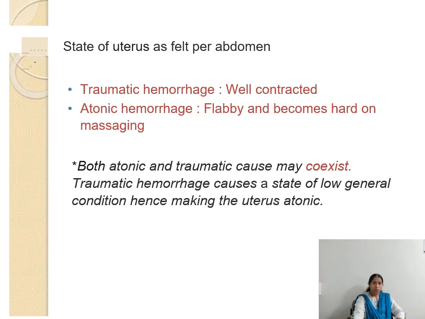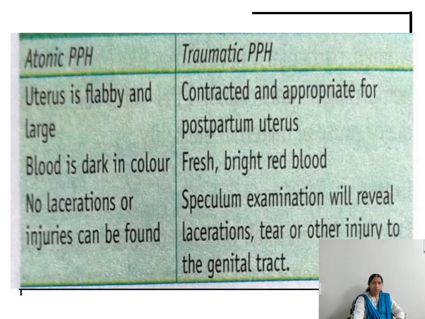So both atonic and traumatic cause may coexist sometimes. Traumatic hemorrhage causes a state of low general tension, hence making the uterus atonic. So both the causes should be kept in mind when we are treating the patient of PPH. Differences: the uterus is flabby and large in case of atonic PPH, and blood is dark in color and no lacerations or injuries can be found.